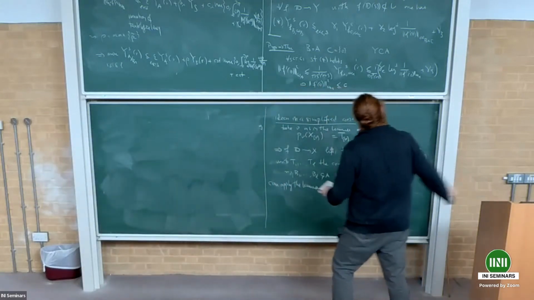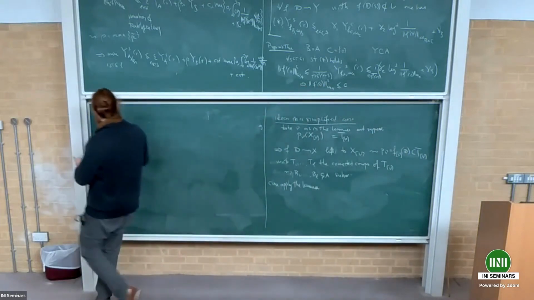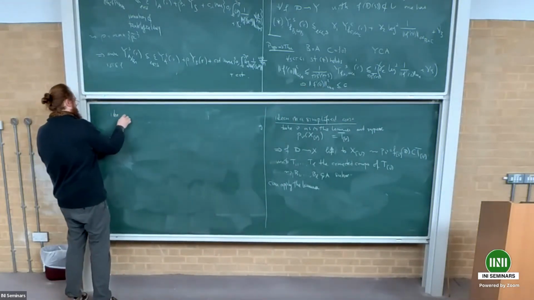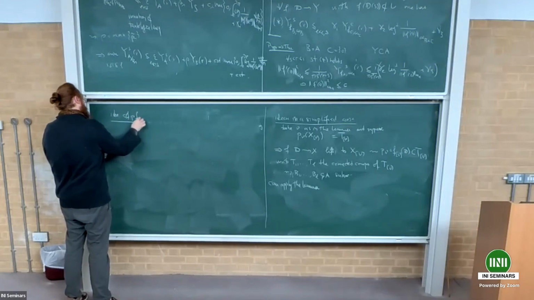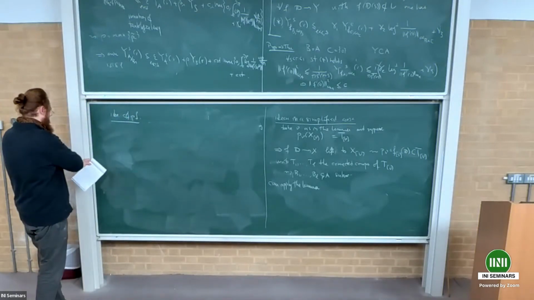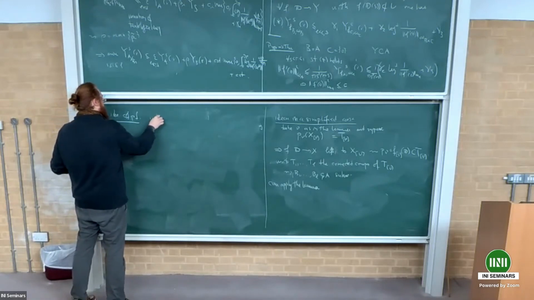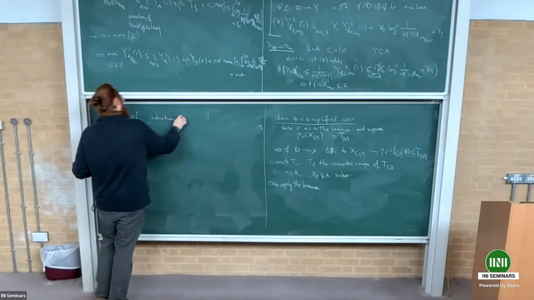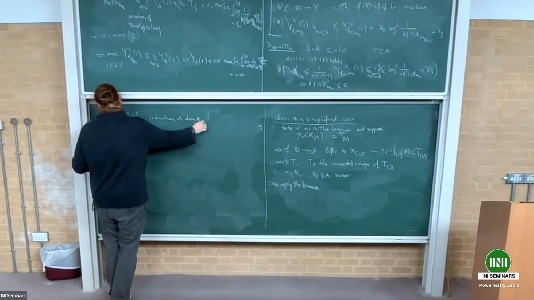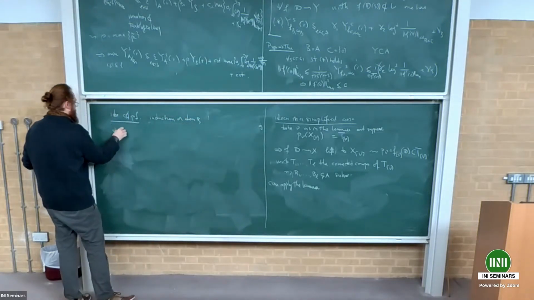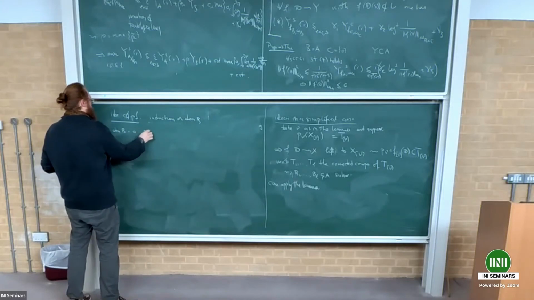So the idea of the proof, again, is that it's an induction on the dimension of B. If the dimension of B is equal to 0, it's trivial, right?